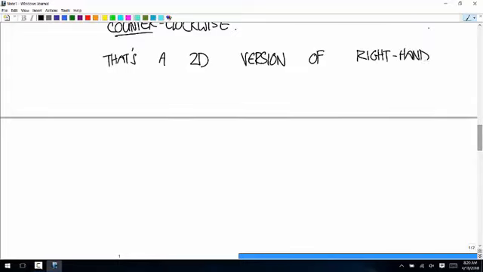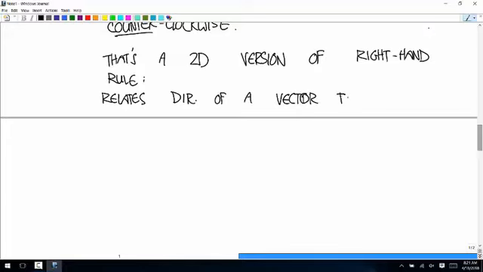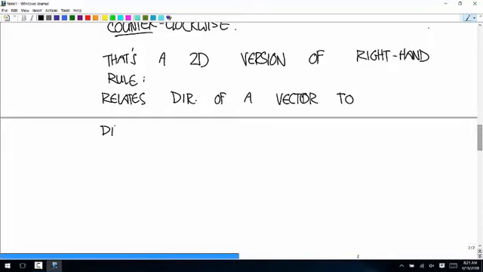And the right-hand rule is really just a way to relate the direction of a vector to the direction of a rotation. So it relates the direction of a vector to the direction of a plane that's perpendicular to that vector.